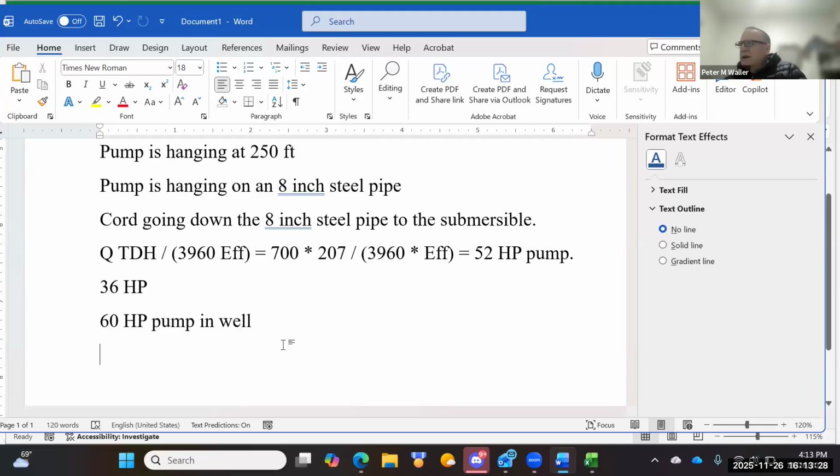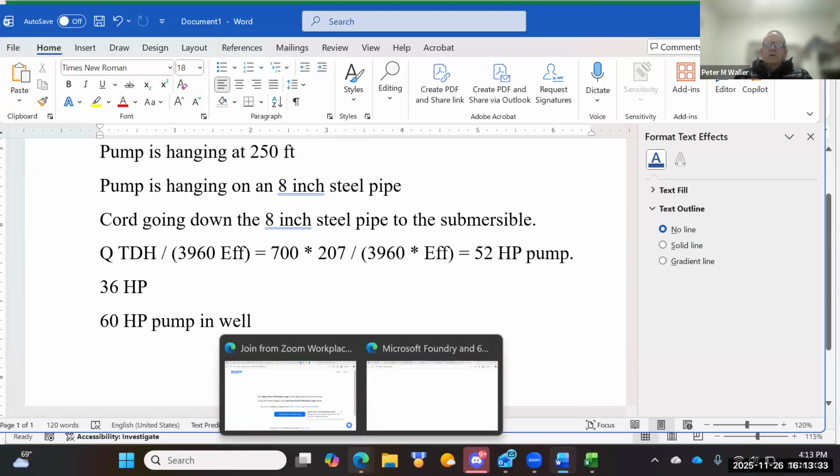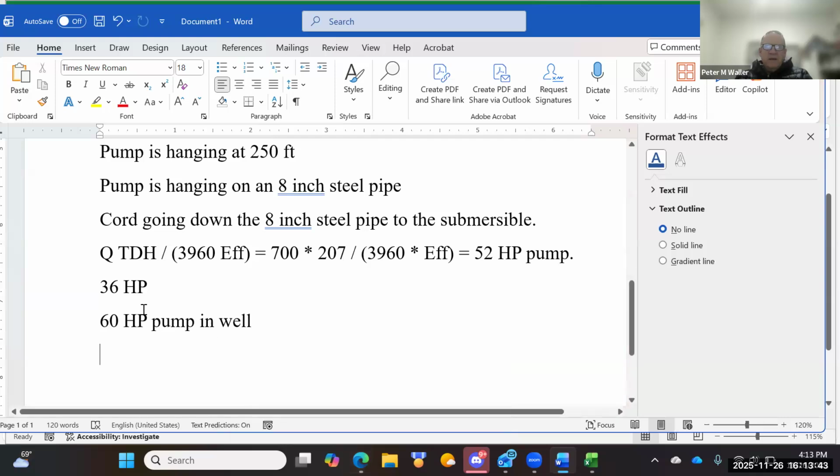Anyway, I think what I'm going to do now is I'm going to show some pictures. So for you in your design, you're not going to have to pick out a specific pump. That's what this comes down to. You're just going to have to calculate, and I don't know if your design was the same as mine, but you're just going to have to say how many horsepower pump is in the well.